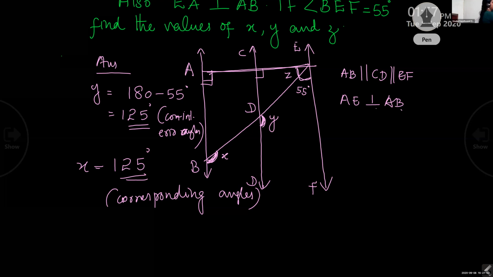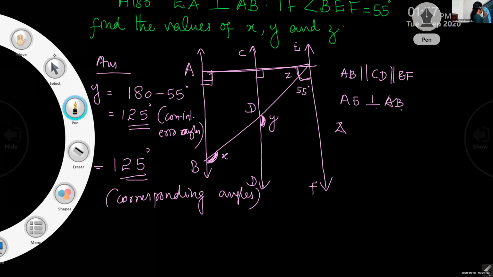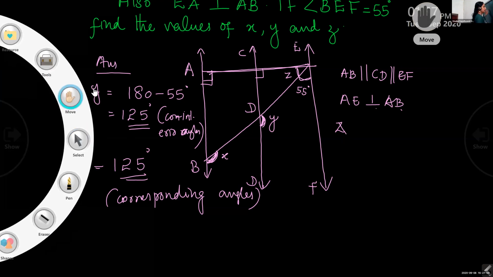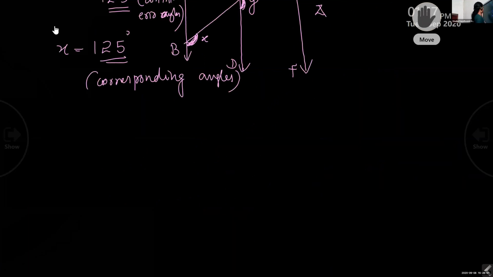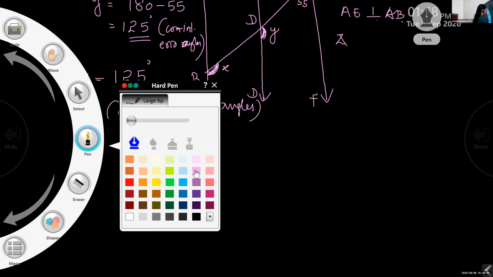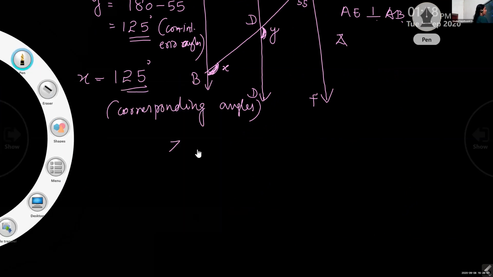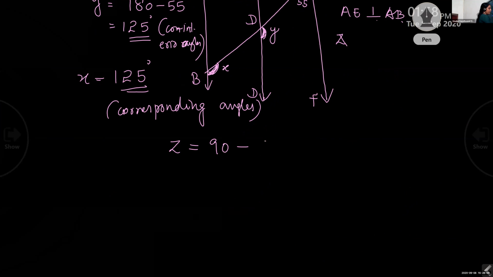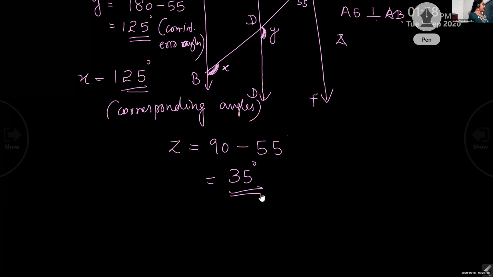So Z equals 90 minus 55, and our answer is 35.